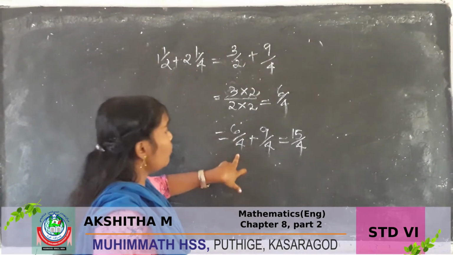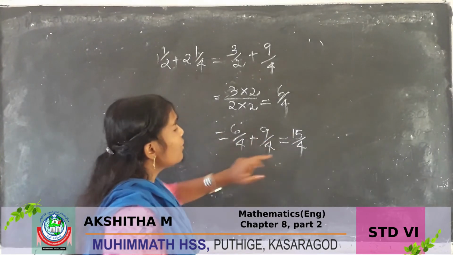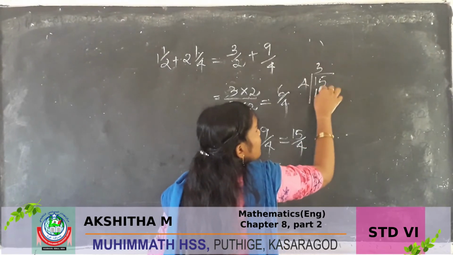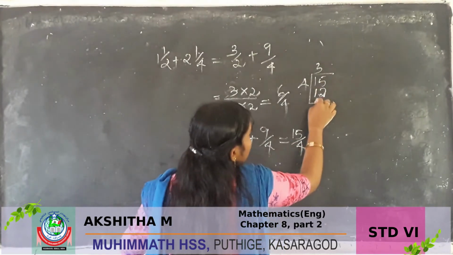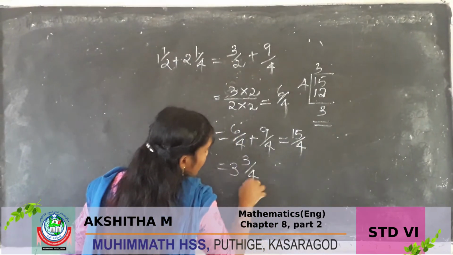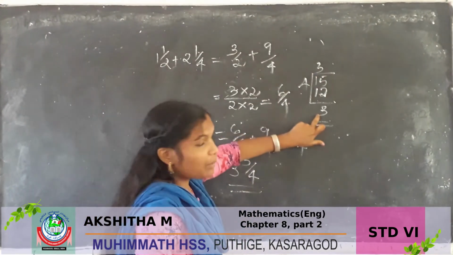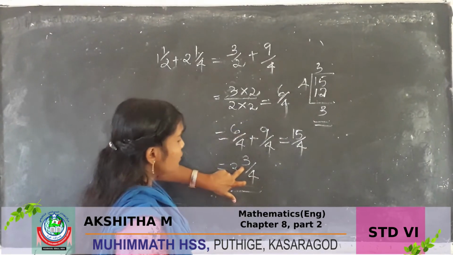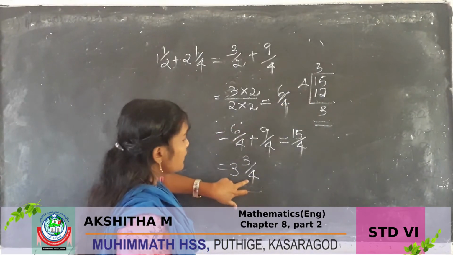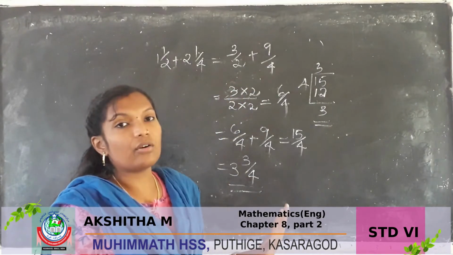What is the answer? 15 by 4. 4 into 3, 12. 15 minus 12 is 3. So we got here same answer, 3 3/4. Here this quotient we should write here. Remainder we should write as numerator, and 4 we have to write here as denominator. Is it clear? Like this also we can find out the answer.